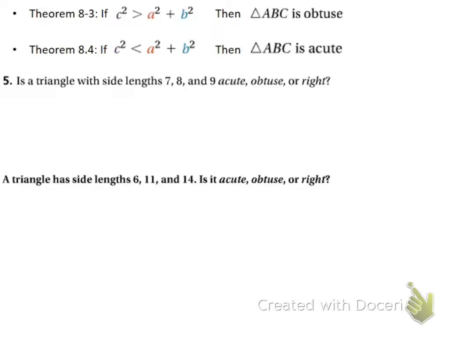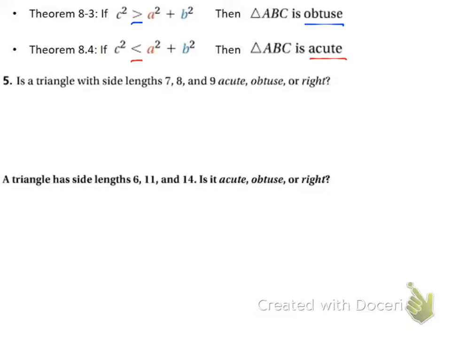And then the last thing that we have is we know that, again, our hypotenuse, which is c squared. So if my largest side length, if it's greater than, I know that it's going to be obtuse. And then if the hypotenuse is less than, it's going to be acute.